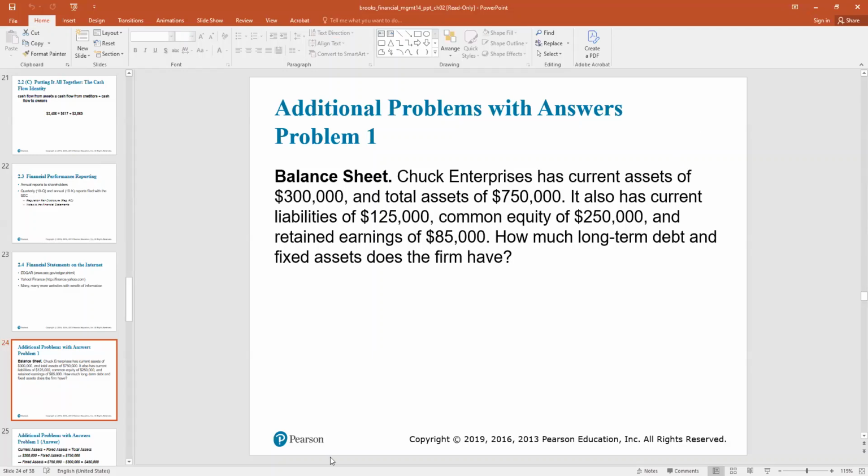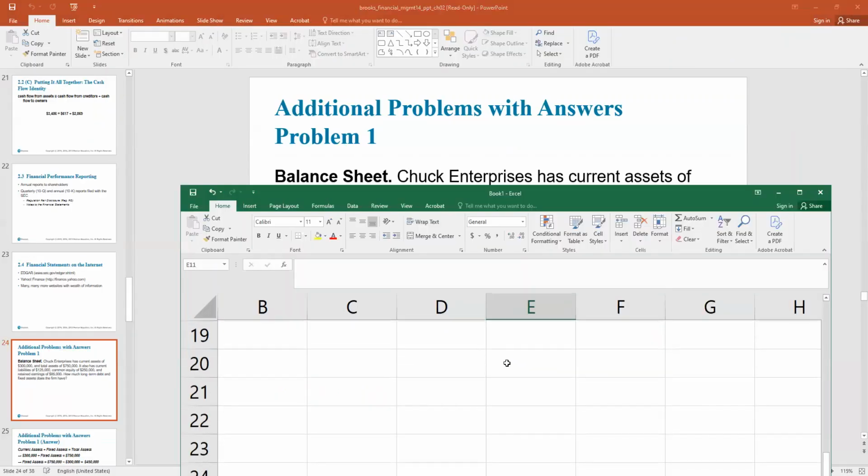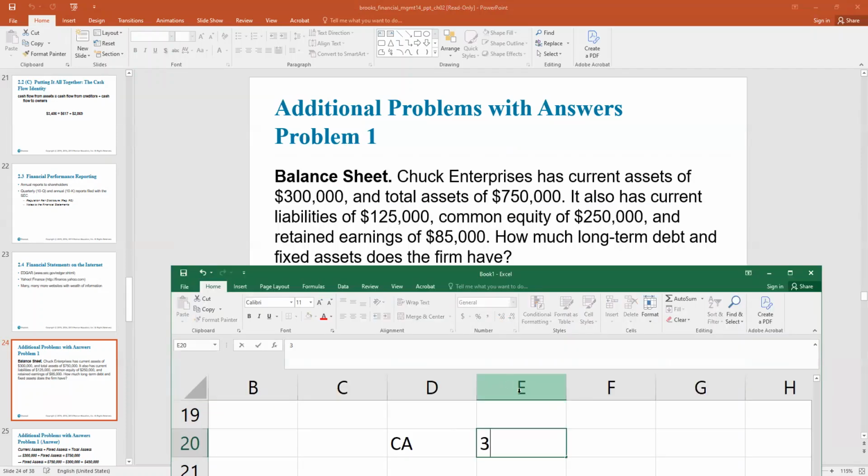So what I will do is put these values into Excel. I have current assets, which is 300,000. I have total assets, which is 750,000. Then I have current liabilities, which is 250,000.